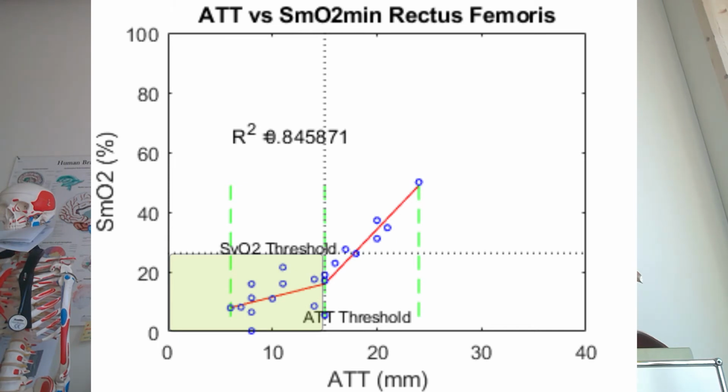In that box, you have your legitimate measurement box, simply stated. So as long as you're underneath the adipose tissue threshold, your values for muscle oxygenation should be lower than your mixed venous blood values, and that seems to work pretty well over all the muscles.